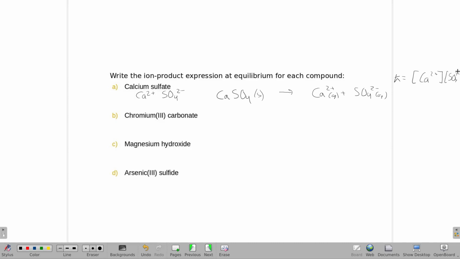I'm out of space. This says SO4. Alright, well, we don't really need that equation to come up with a K. We can skip right to it if we know the formula of our salt. So this next one, chromium, Cr3 plus, and carbonate, CO3 2 minus, would be chromium carbonate.